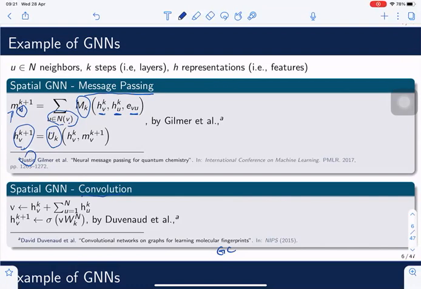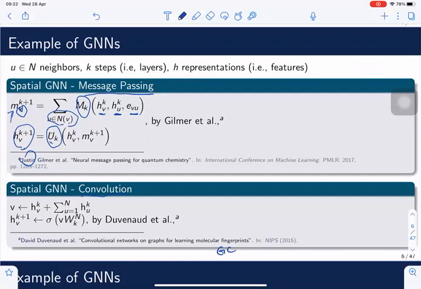It is noted that the message function M and the update function U are generally implemented by neural networks, and people are trying to propose different neural network structures and different activation functions to approximate the message function and update function.